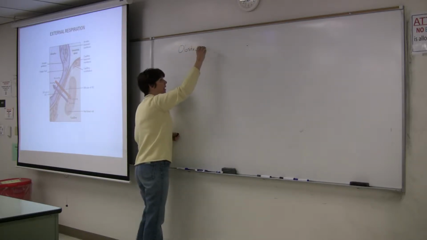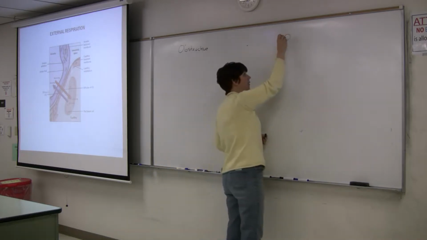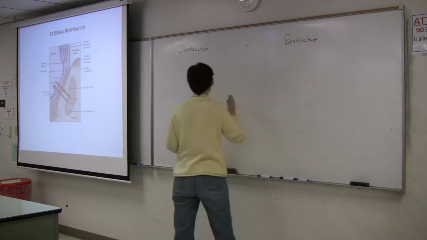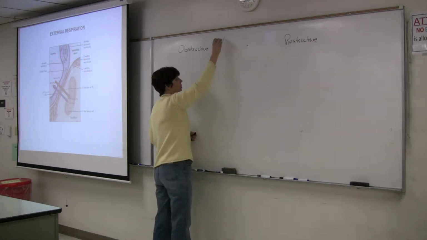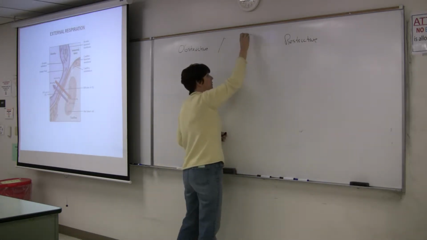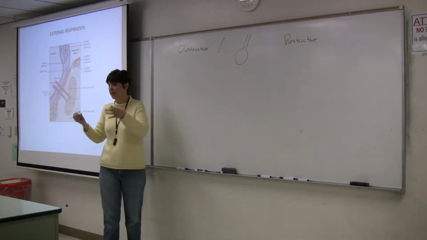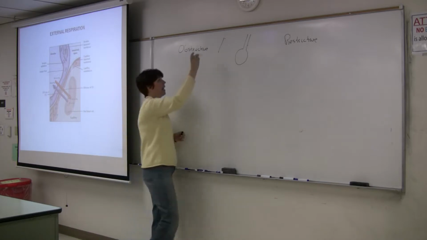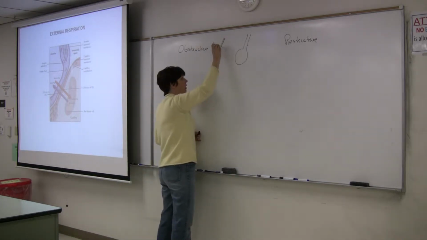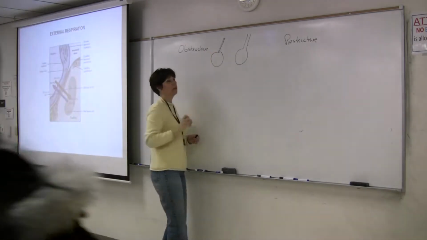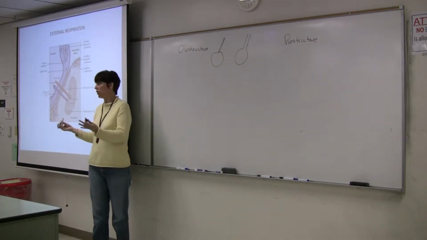So obstructive and restrictive pulmonary diseases, I draw on this little picture where this is normal, showing the conducting system and the alveolus. Then in obstructive, we have a narrow conducting system and a normal volume.